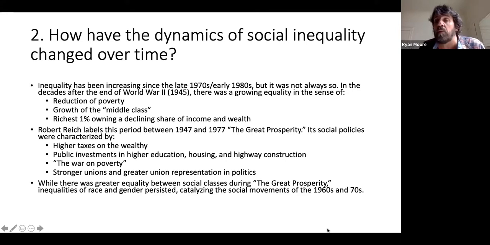And so they were able to enact and push through these policies and this legislation that was more favorable towards working people. And that included these investments in housing and highway construction and higher education that were paid for by higher rates of taxation on the wealthy.